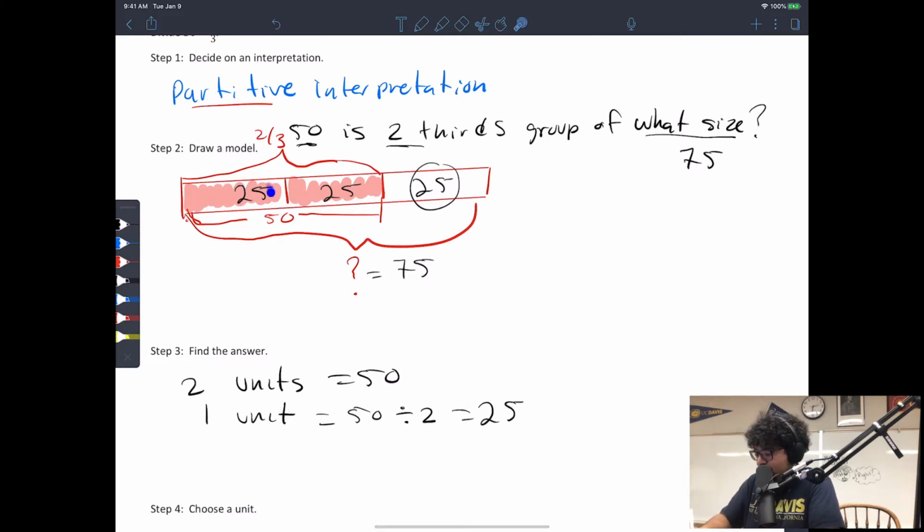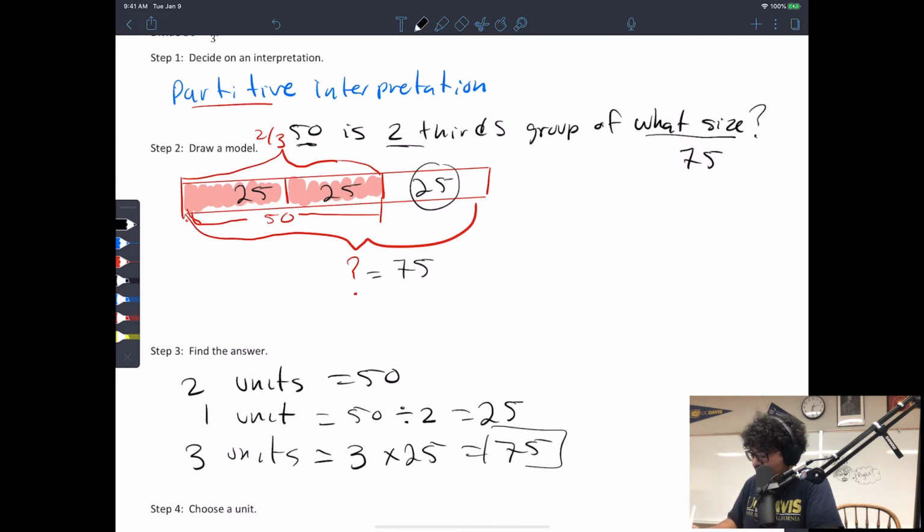And that's why we said that each one of these 2 units is 25, because both of them together are 50. So that also tells me that the whole thing, all 3 units, has a value of 3 units times 25 each one. That would give me 75, and that is my answer. Okay?